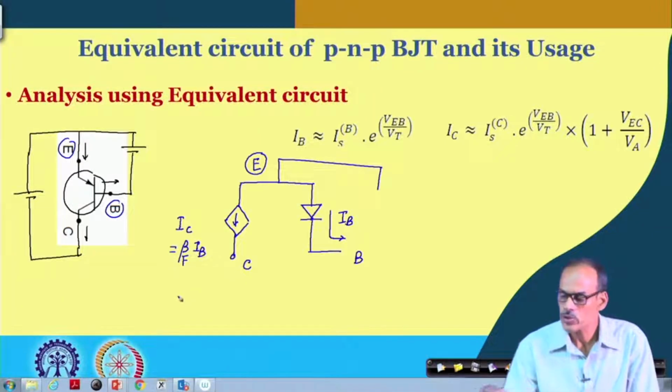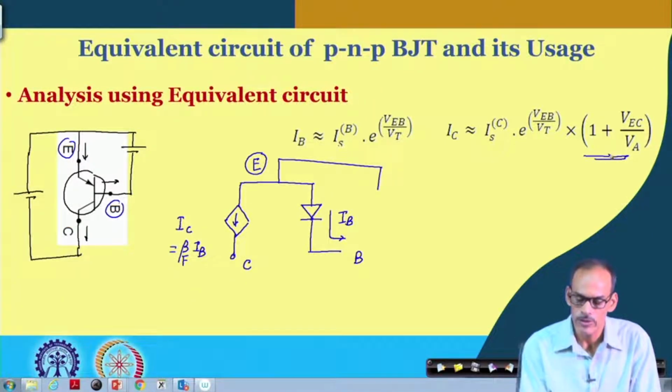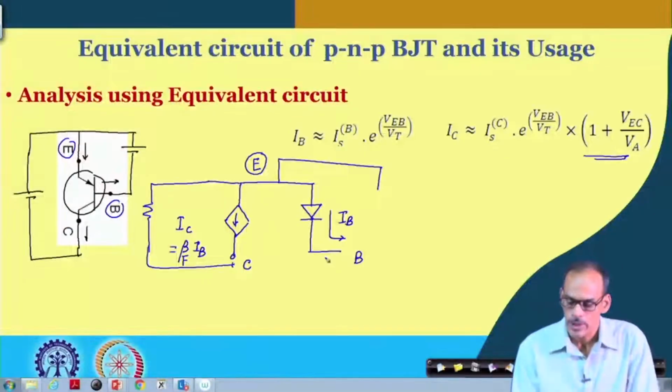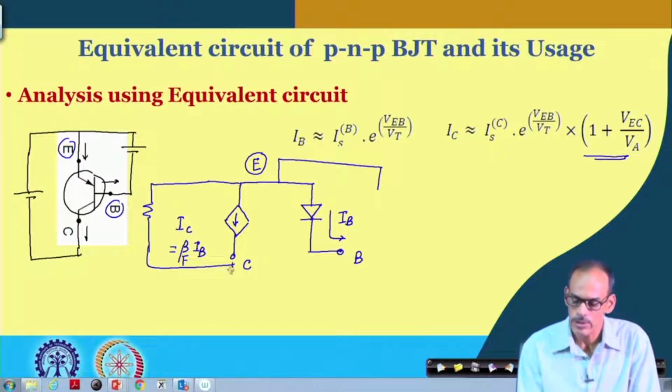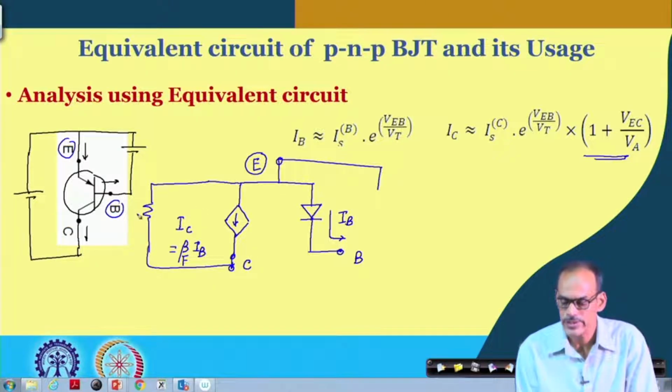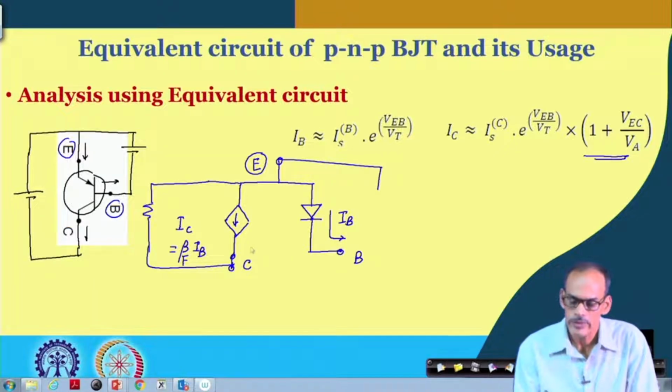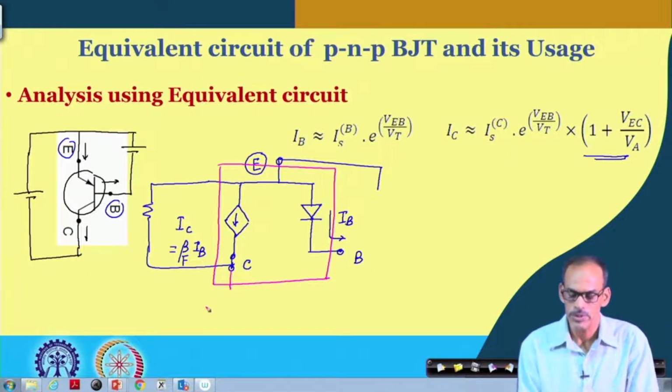In case you want to capture this additional factor, of course, you have to consider the conducting path here along with this current control current source. For many situations, in fact, we may ignore this resistance as we said before for NPN, and then this is the basic part of the equivalent circuit of the PNP transistor.